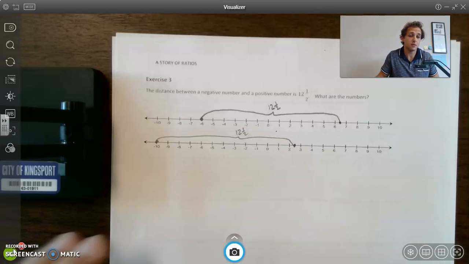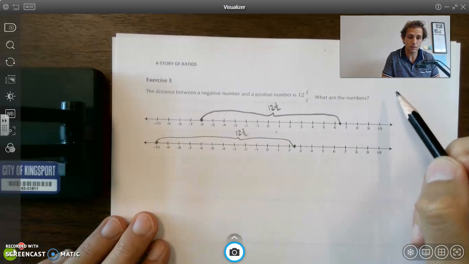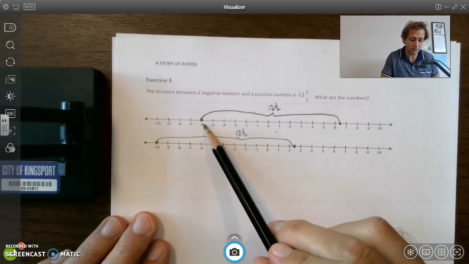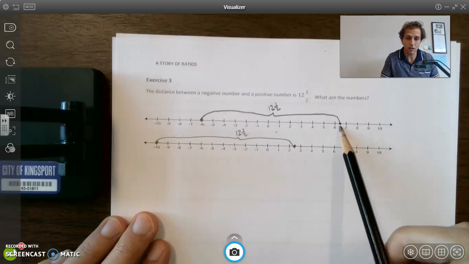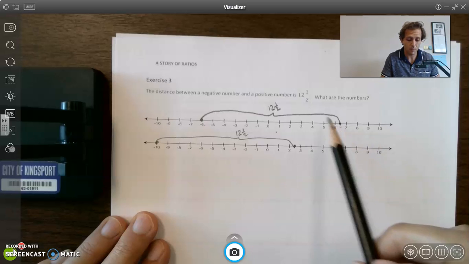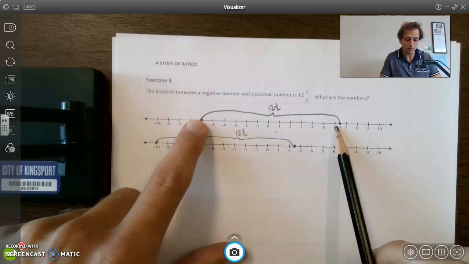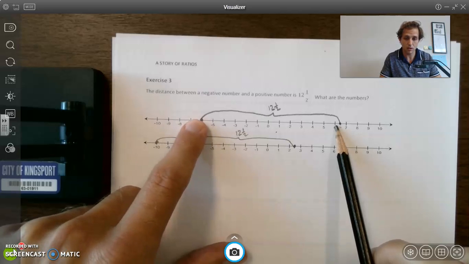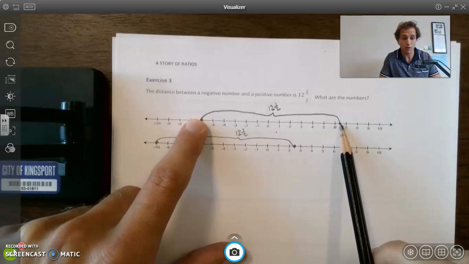Okay, I've selected two examples that will work. I think one of the more common examples that people choose are -6 and 6.5. I would like you to make sure that your point, if you chose this, is between 6 and 7. Sometimes we get this 12 correct, like from -6 to 6, but it's imperative that you put this half another half space away from our original point here.